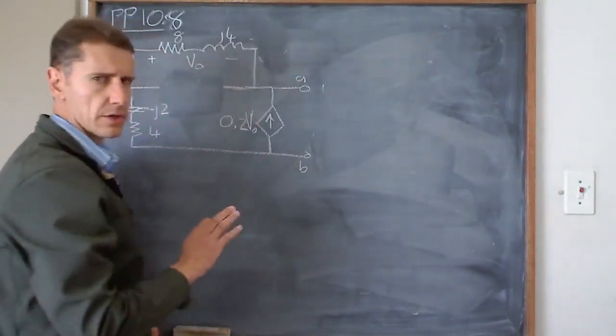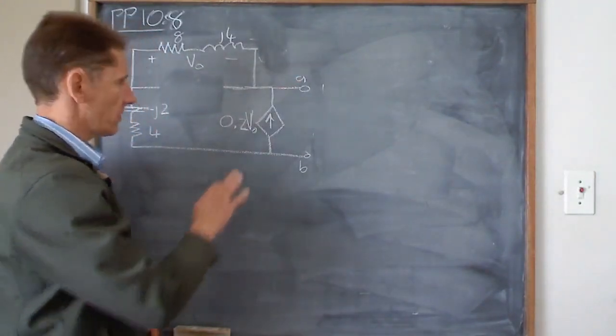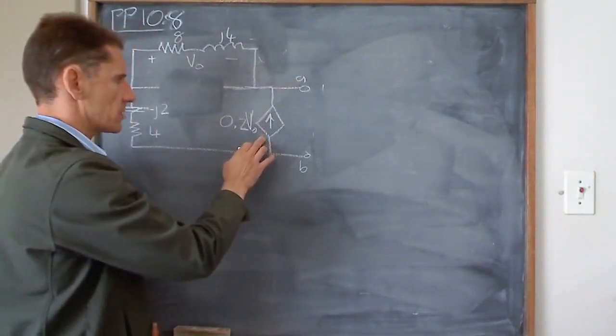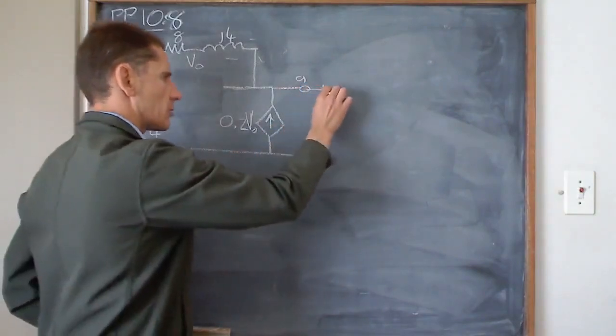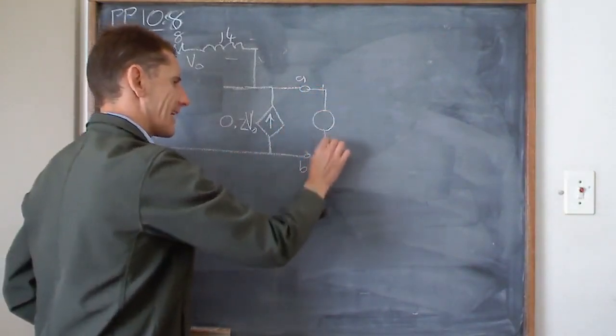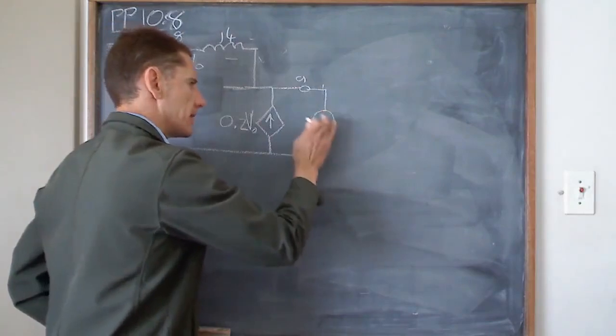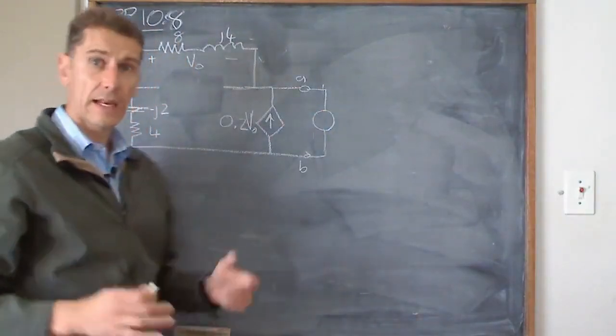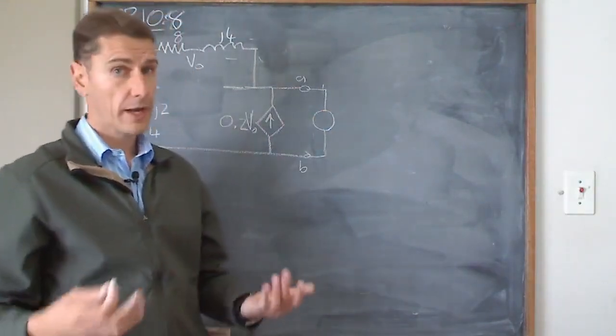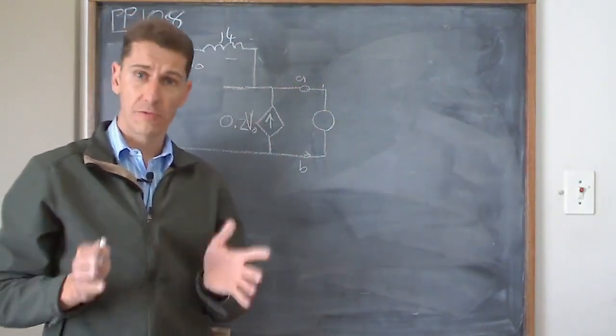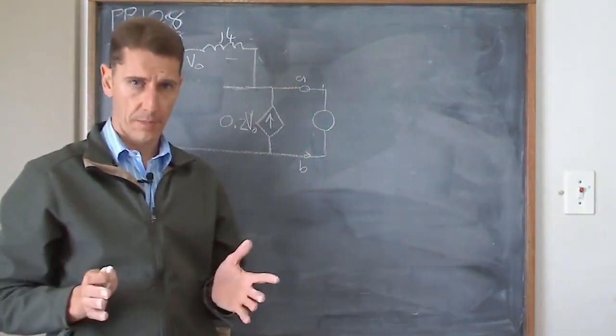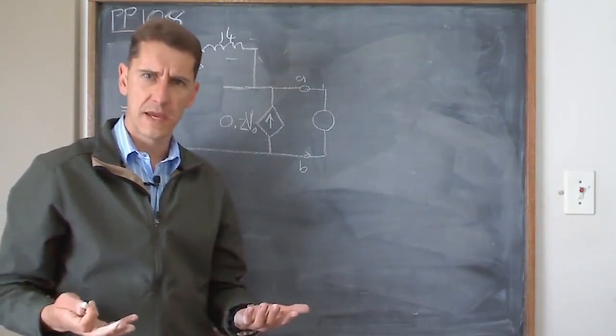And this is the hardest part for Thevenin equivalent circuits when you've got a dependent source: we now need to go and put our own source in there. It can either be a voltage or a current. We're going to make it 1 volt or 1 amp. But which one is the best in this case?